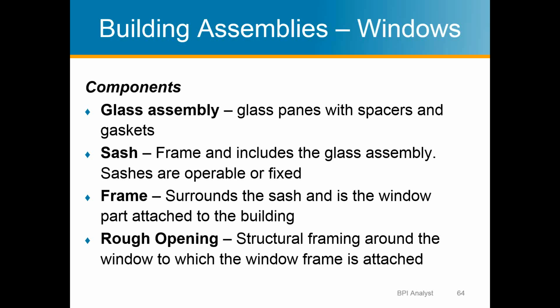It can be movable or non-movable, an operable or fixed piece of glass, but if it's vinyl, it's going to have a vinyl frame around it, or a wood frame around it. All of that, the glass and the frame, is called the sash. And then there's a frame that surrounds the sash. So the sash is a frame and glass, and then there's a frame that the sash goes into.